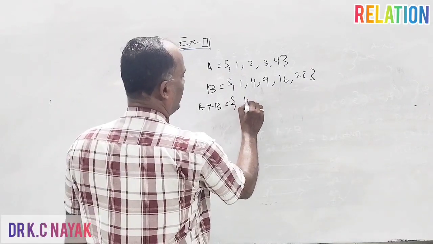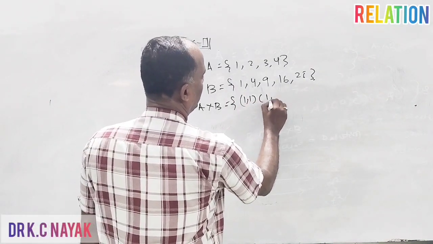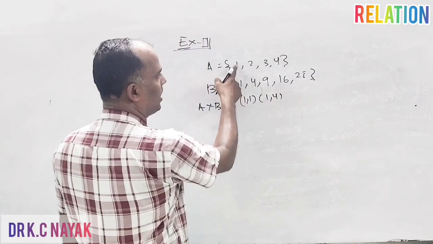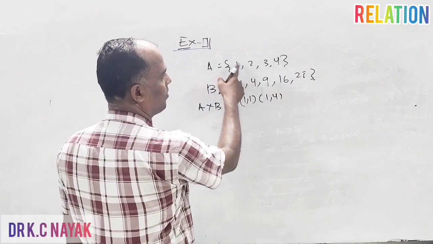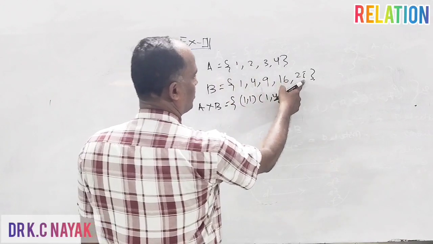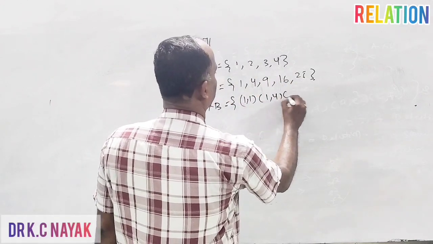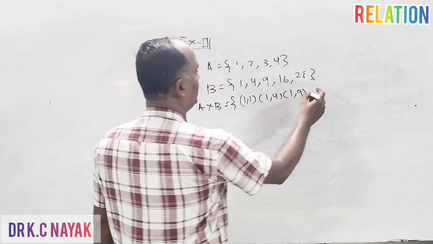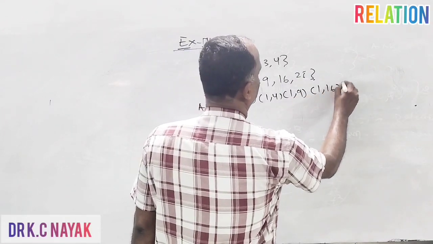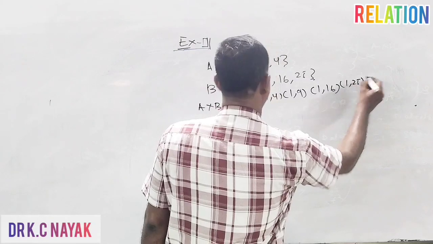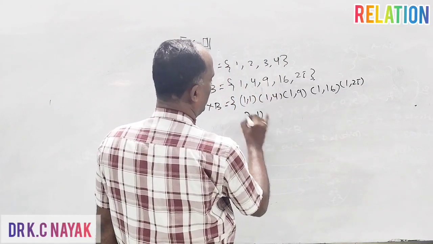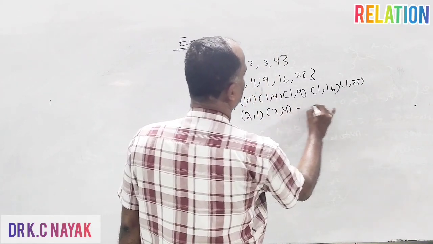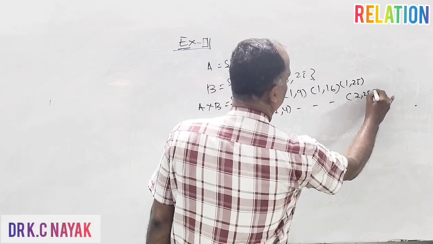Ordered pairs (1, 1), (1, 4), (1, 9), (1, 16), (1, 25), like that. Then (2, 1), (2, 4), like that up to (2, 25).